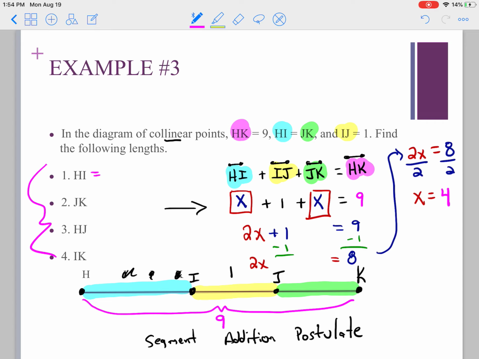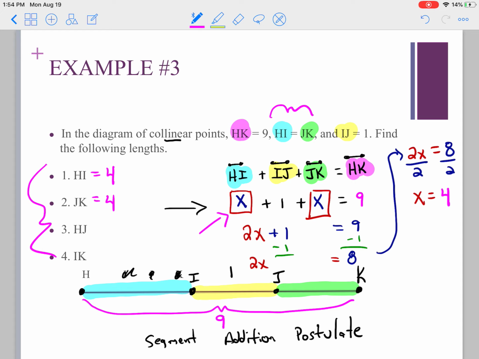Well, HI is the segment that we called x, and we know that x is equal to 4, so HI is equal to 4. We know that HI is equal to JK, so we know that it is also 4.